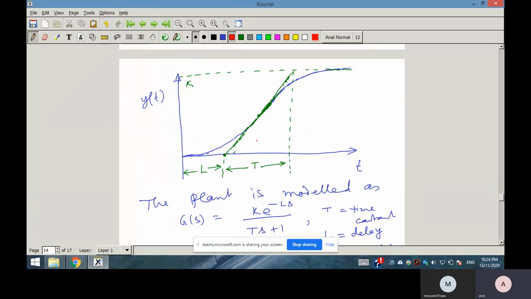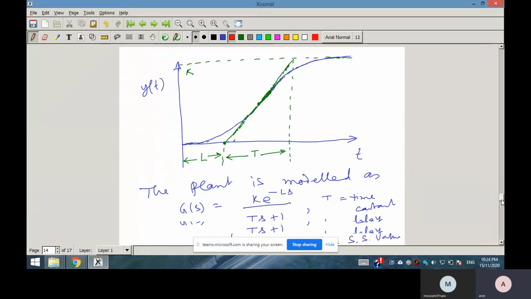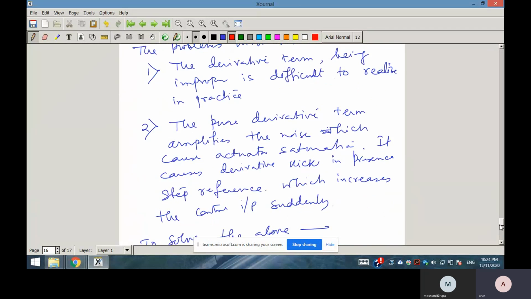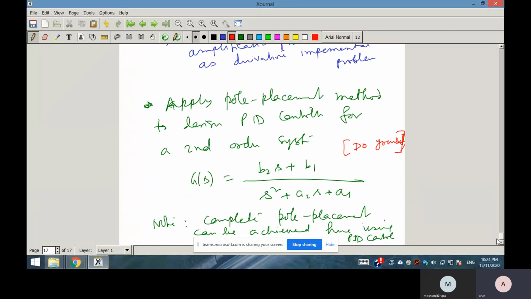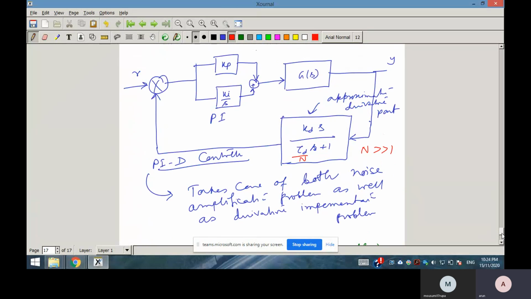But if it is an unstable system, how will you design? In that case, the pole placement method, as I have told here, may be of help. During implementation is also an important issue of the PID controller. You have to implement it like this, with minor loop implementation, otherwise you'll be in trouble. Minor loop implementation of the PID controller. Okay, thank you very much.